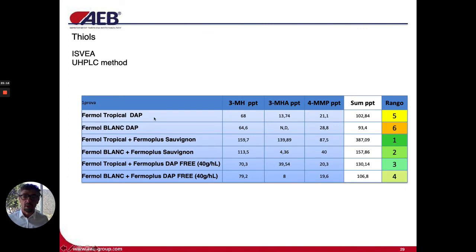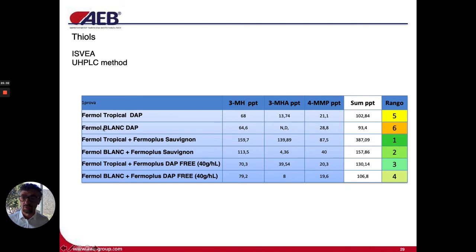Here is a little trial that we did. It shows a couple of things. It shows that when using Thermoplast Sauvignon instead of, say, DAP, your content of any thiol is always higher.